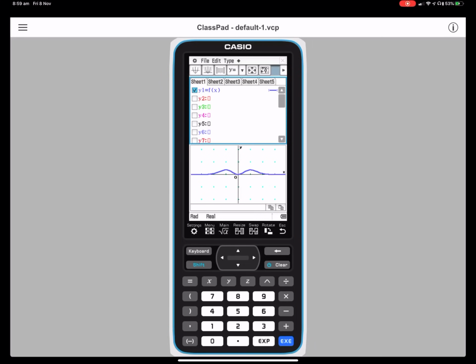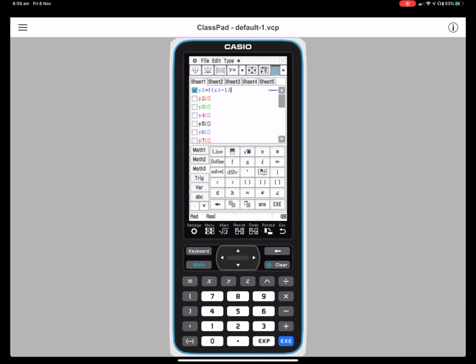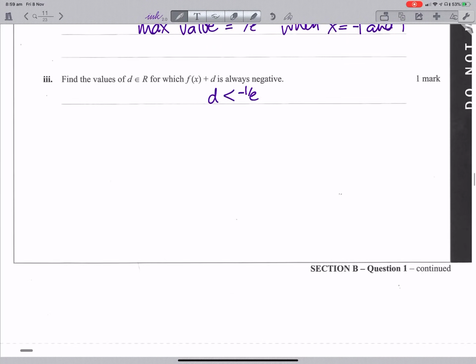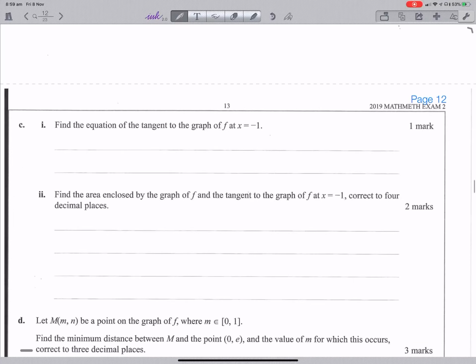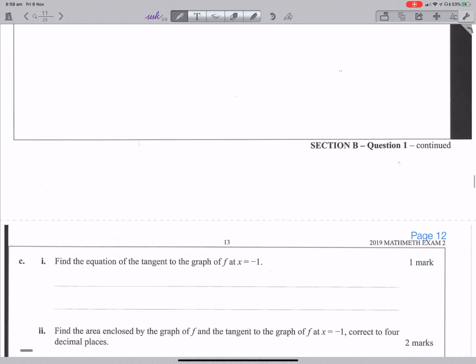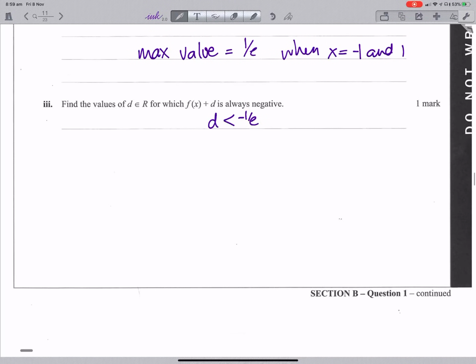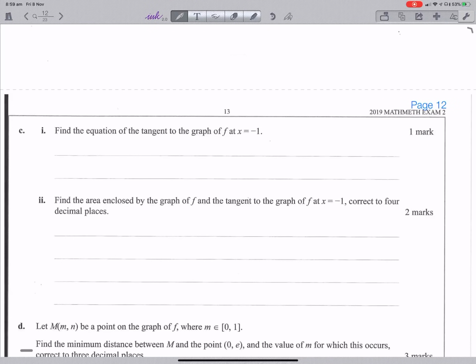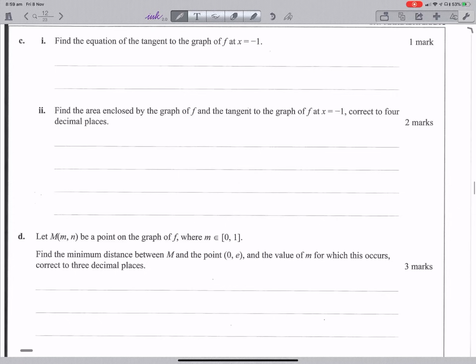And then if I said negative 1 divided by e to the 1, and make it smaller again. So less than negative 1 on e. If it equals negative 1 on e, we're going to have intersection points, but we don't want that. We want it to be negative, so we can't include the turning points on the axis.